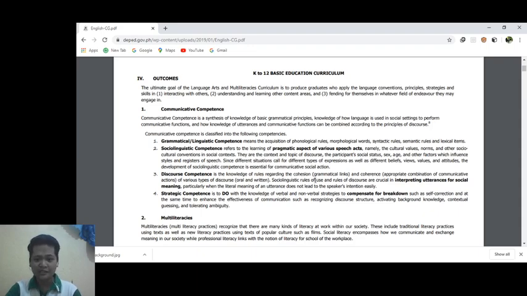Discourse competence and interpreting utterances for social meanings, particularly when the literal meaning of an utterance does not lead to the speaker's intention easily. They are kind of connected to each other. Discourse competence also talks about cohesion and coherence, right? I've spoken to some people na sometimes hindi nagja-jive yung sinasabi nila.